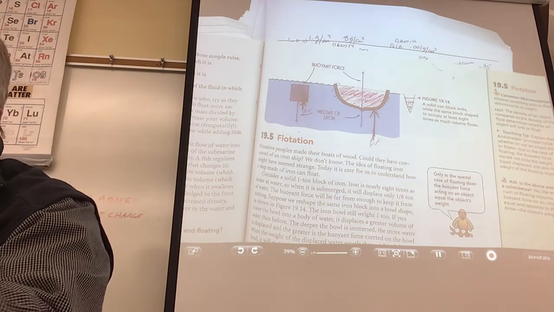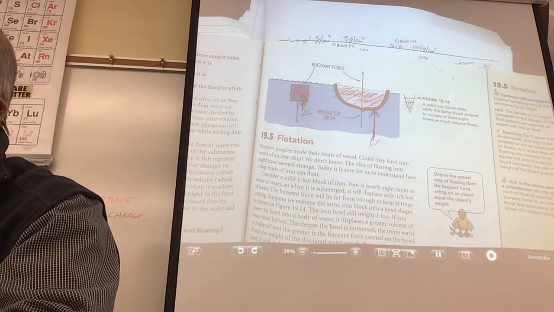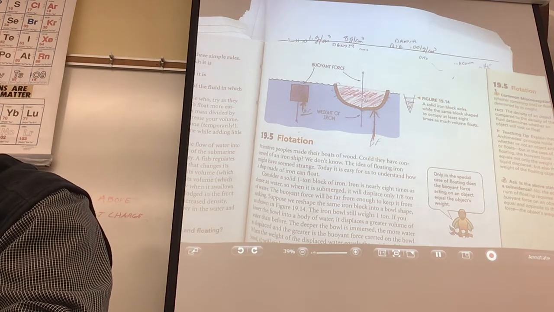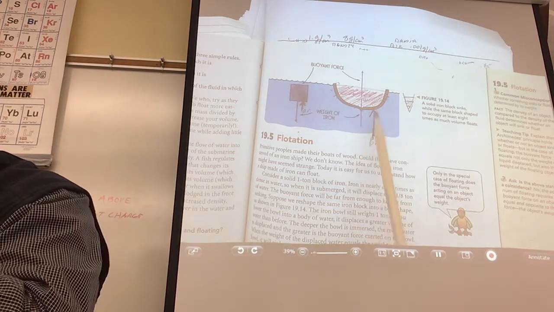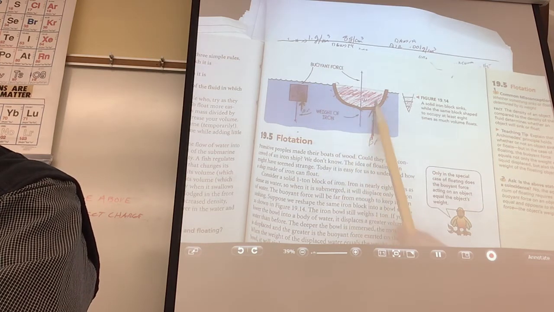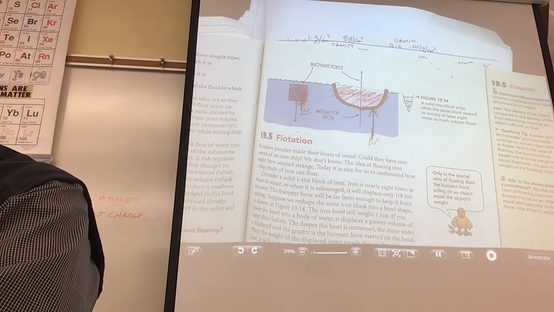Exactly. I'm not trying to say you can design a ship overnight, but the people who become ship designers, engineers, they have to do all this math, and make sure that the design of your ship will displace 500,000 newtons of water.